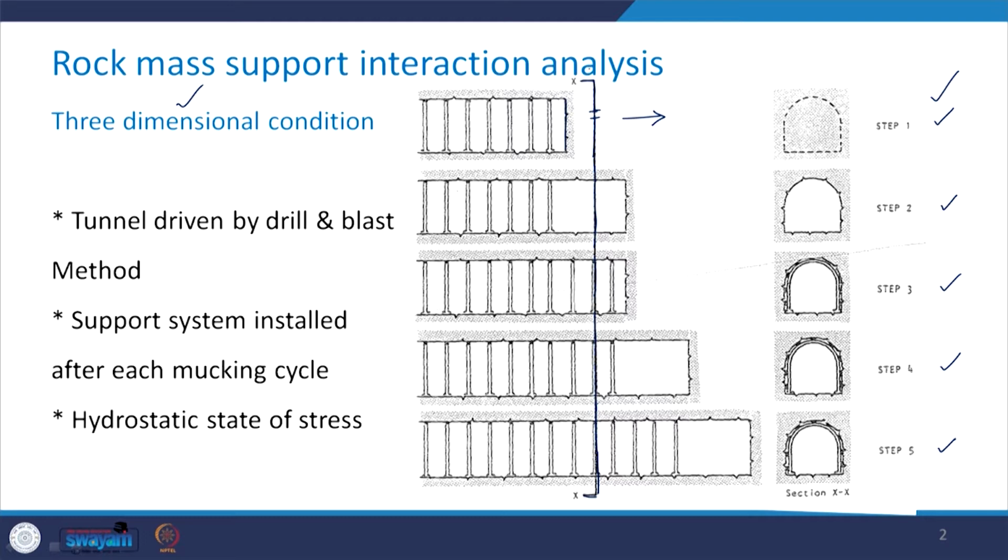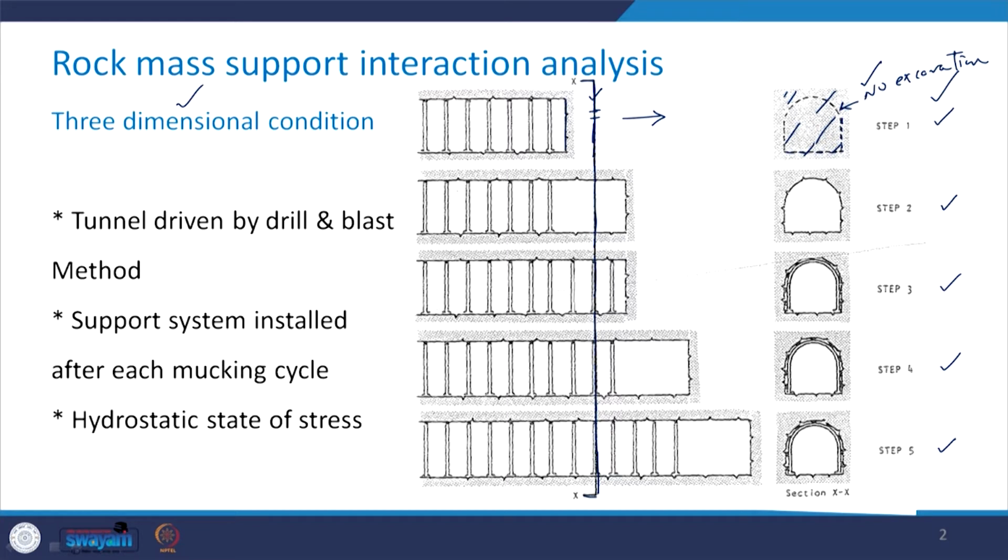If you cut across this section XX, all the rock mass is there and there is no excavation at section XX. That is the reason the outline of probable excavation has been shown with the help of dotted lines.